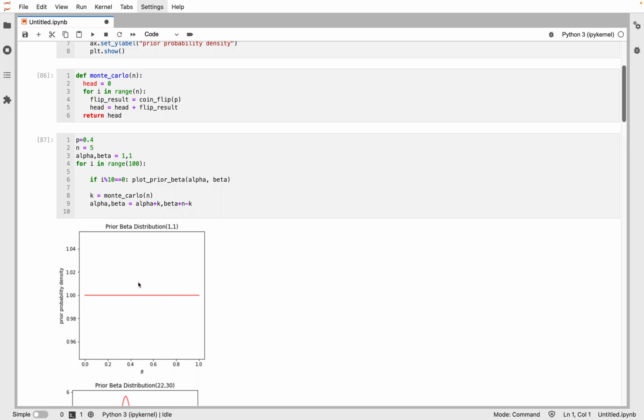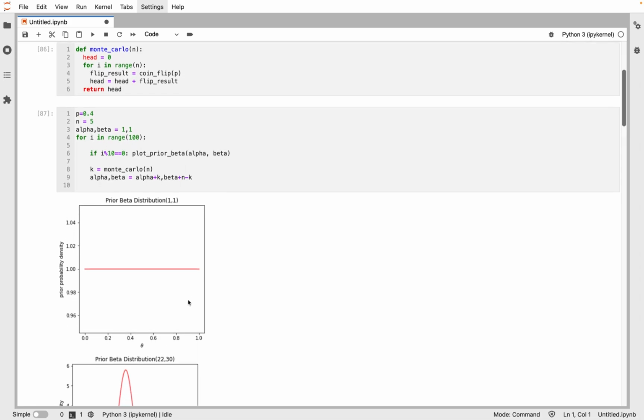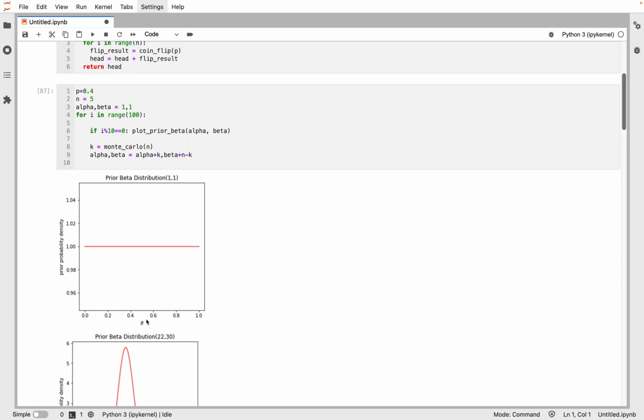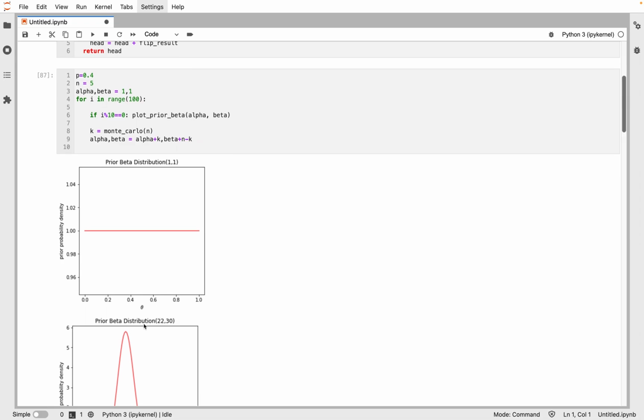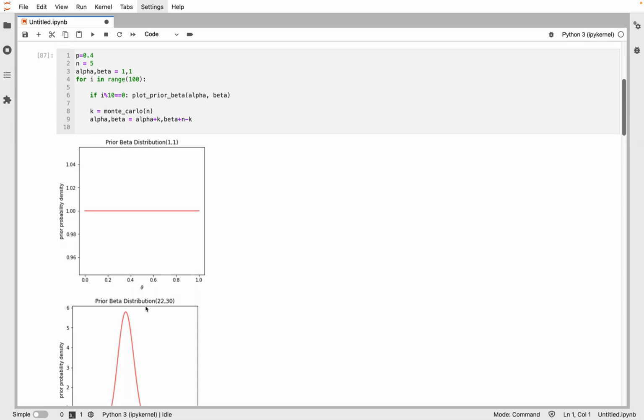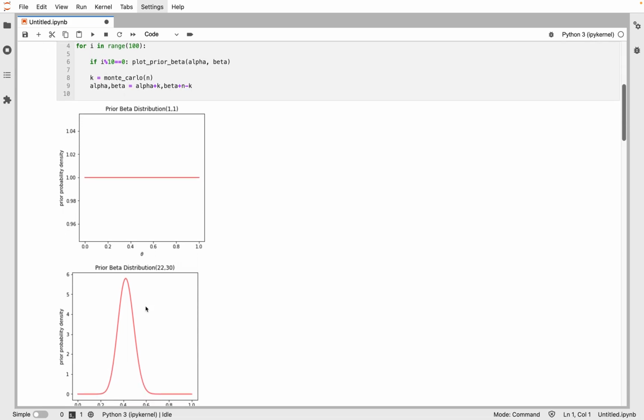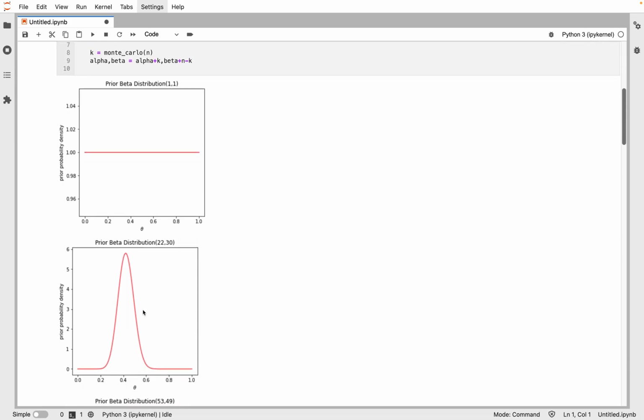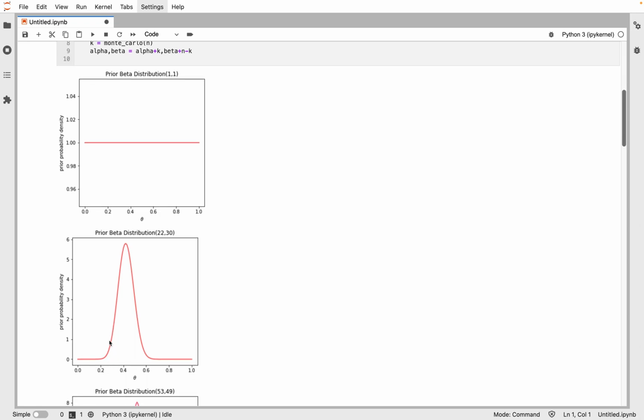So we'll start with the initial prior distribution, which is a uniform distribution. So this is the distribution for the unknown theta for the coin. And after 5 throws, the prior distribution will look like this, which is centered around 0.4.